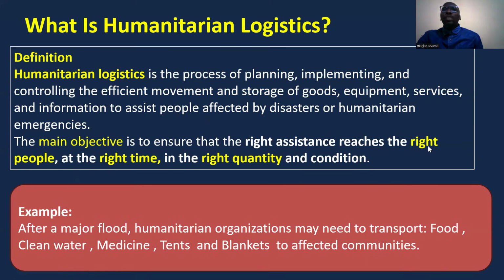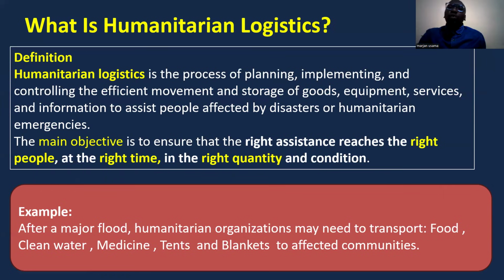So the main objective of humanitarian logistics is to do what? Is to ensure that the right assistance reaches the right people at the right time in the right quantity and condition. So that is the main objective of humanitarian logistics.